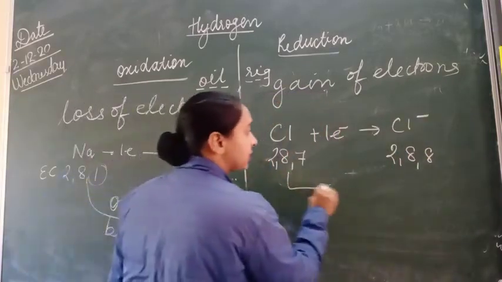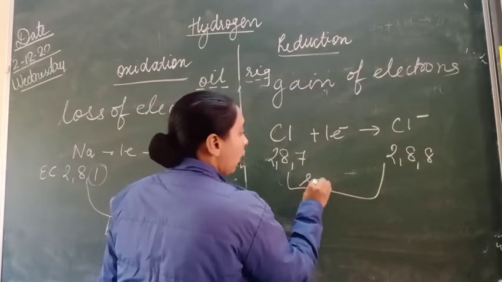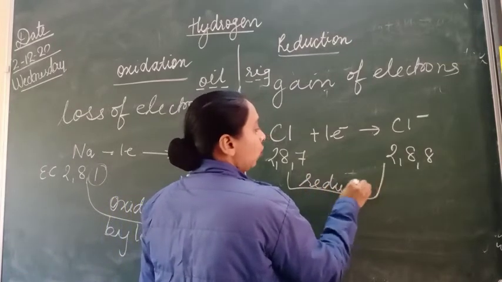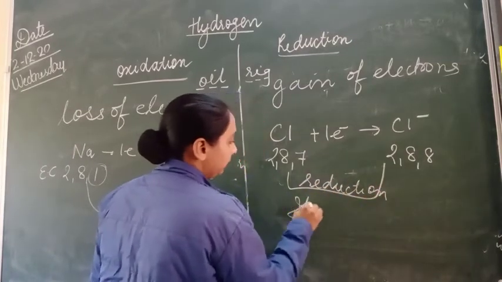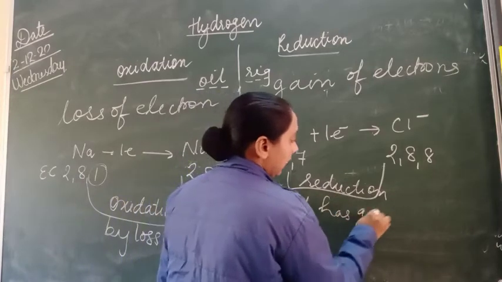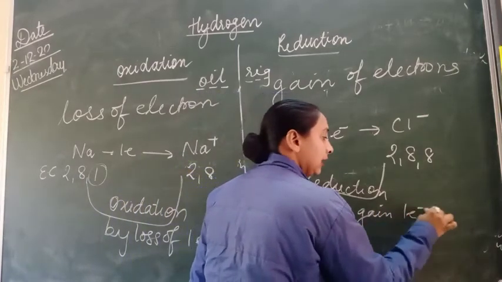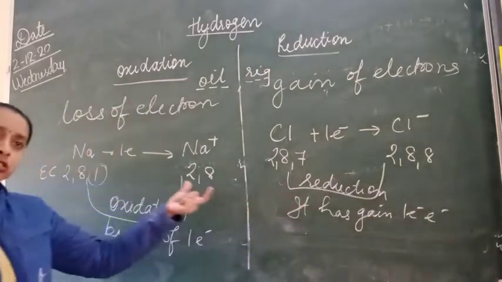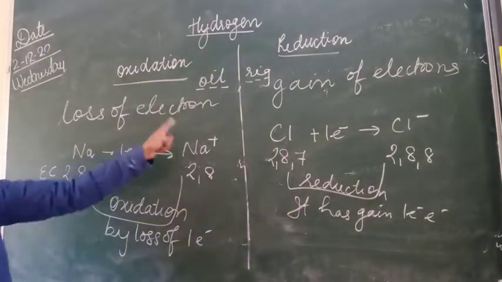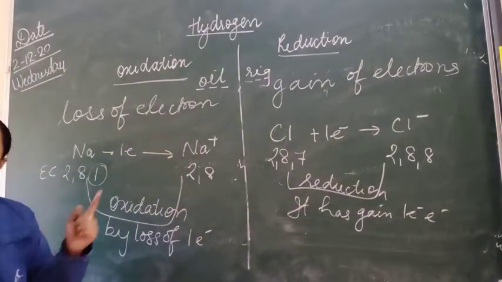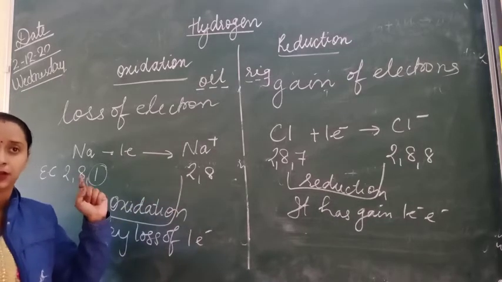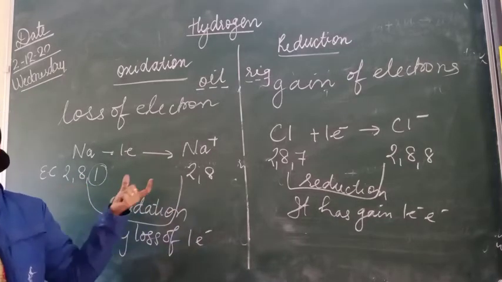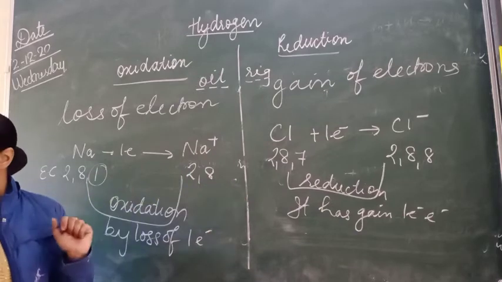So here reduction is taking place for chlorine because it is gaining one electron. The number of electrons lost or gained, that many charges come on them. This concept I have already explained. Yes or no? So this is loss of electron and gain of electron.